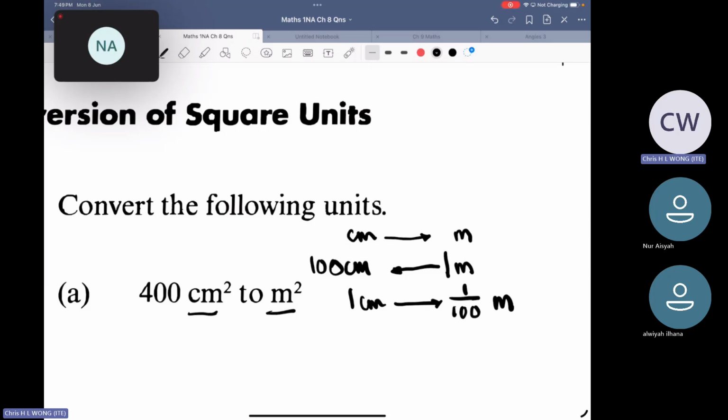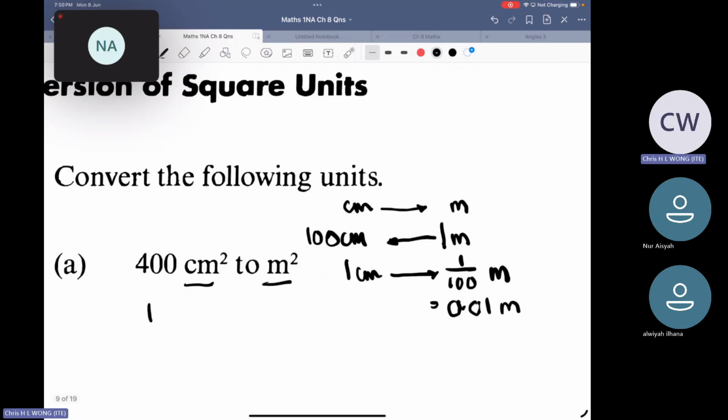That's all you need to know. 1 over 100, you take out your calculator, 1 divided by 100, you get 0.01 meter. That's what you want. Okay, let's do 1 cm square equals 1 cm times 1 cm.